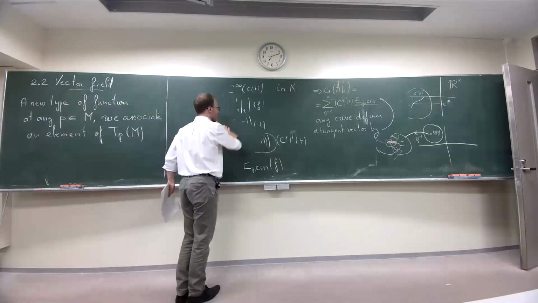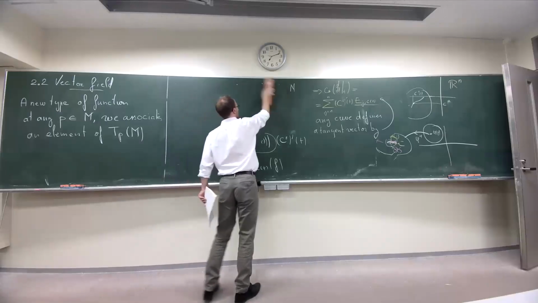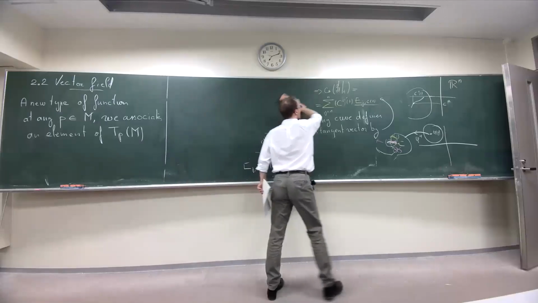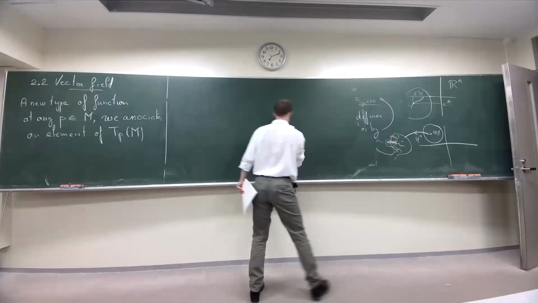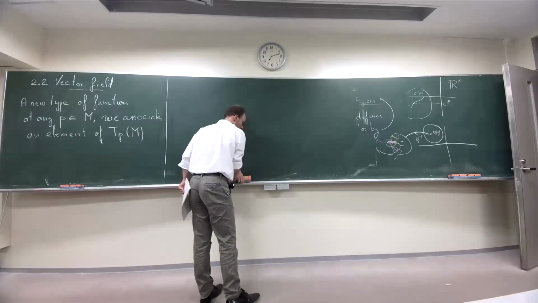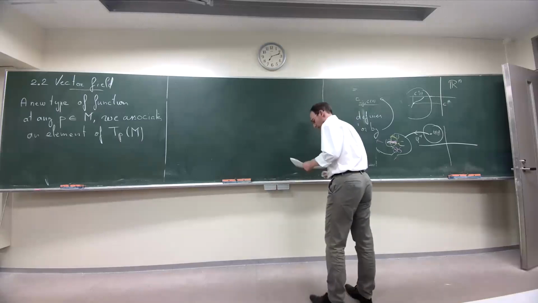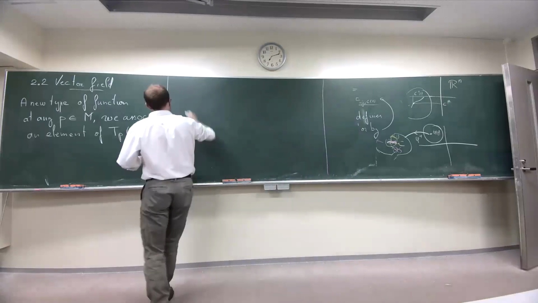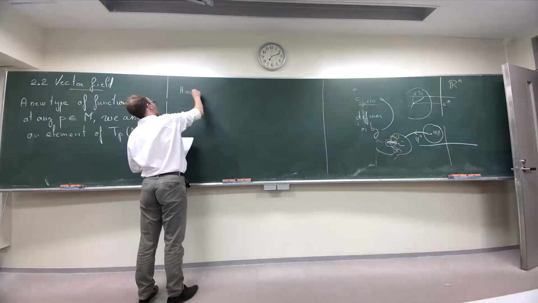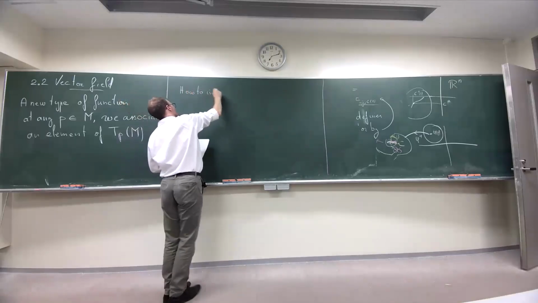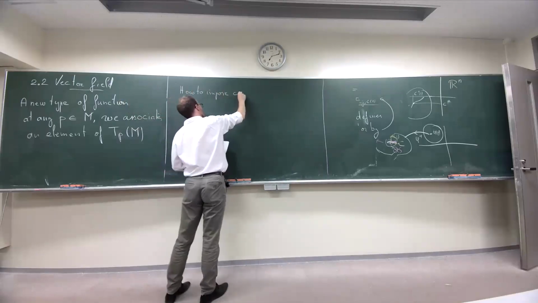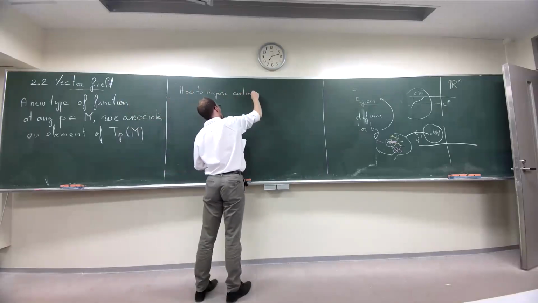The problem is how you define continuity or smoothness of a vector field. It's not completely trivial. There are different approaches, and one is going to be simpler. So how to impose continuity or smoothness?